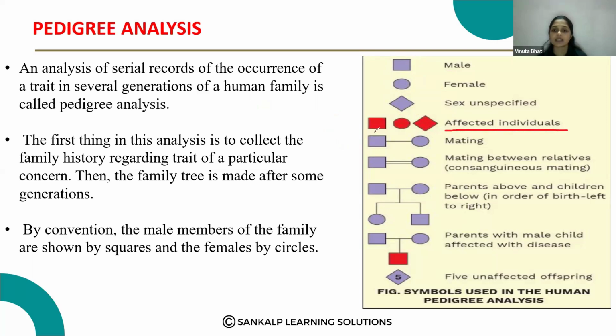This is the male symbol and this is the female symbol, and a line between the male and female means mating, that is, husband and wife.